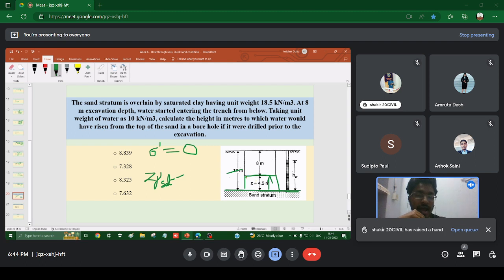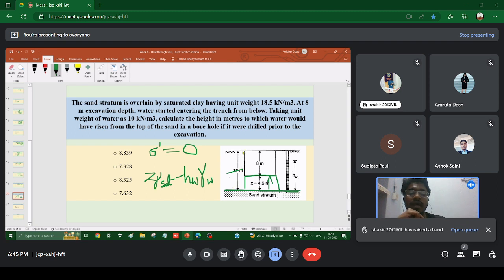Just at excavation up to 8 meter, the water has risen up to HW. So this is the water pressure at the sand level, HW into gamma W. Is it clear? This is the formula.